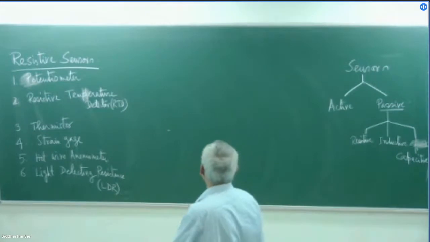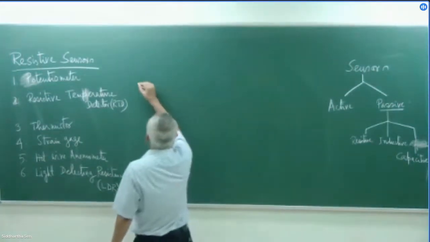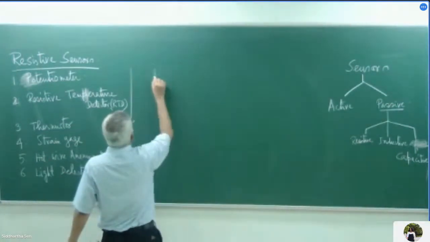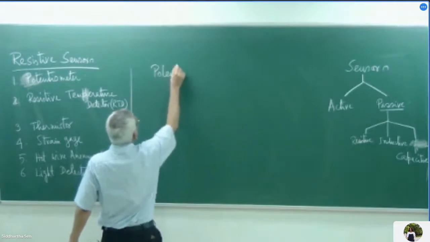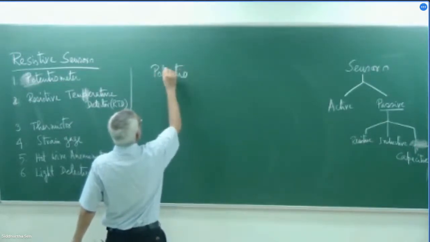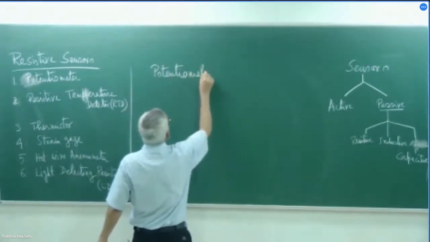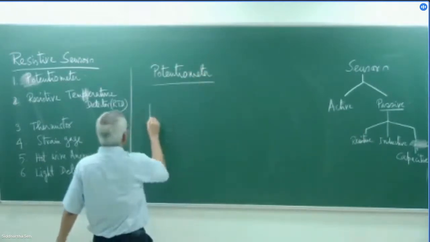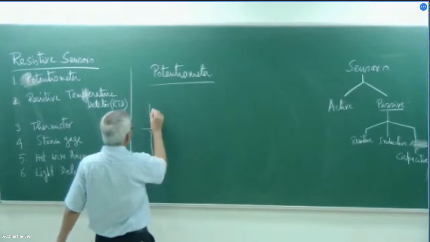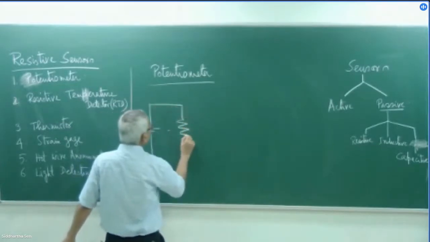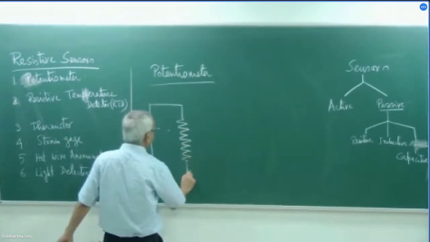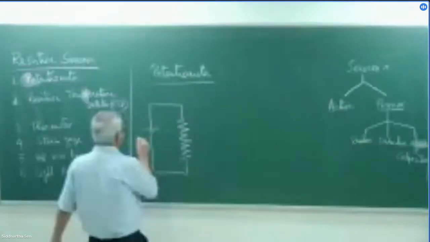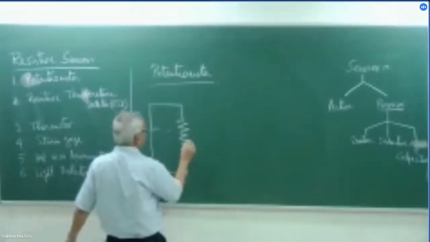So the first one, the potentiometer, we have already discussed. The potentiometer is a simple way for measurement of angle or displacement.